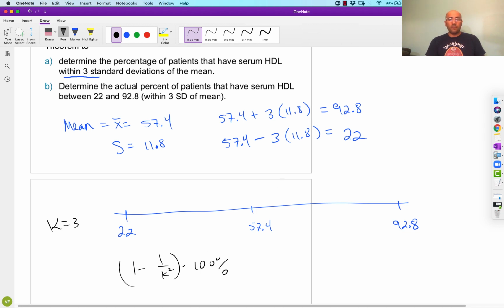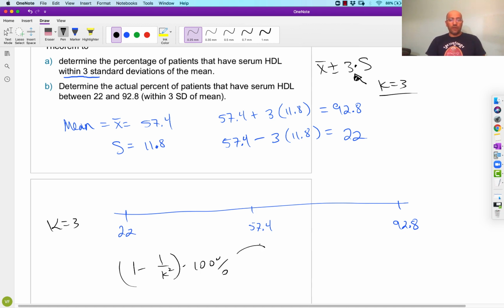So that's where this came from. It's the mean x bar plus or minus 3 times the standard deviation. That's how I got the one below and the one above. And so for us, k is equal to 3, within 3 standard deviations. So that's the k that goes right in there.